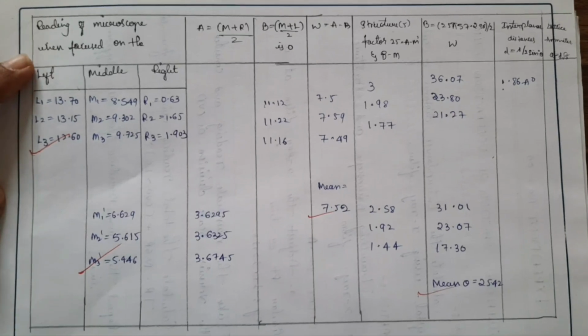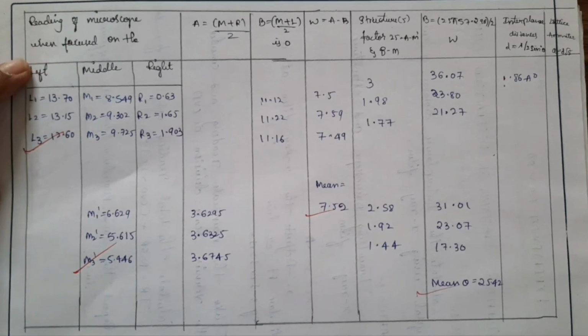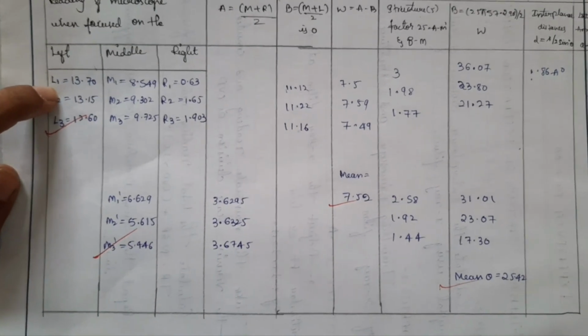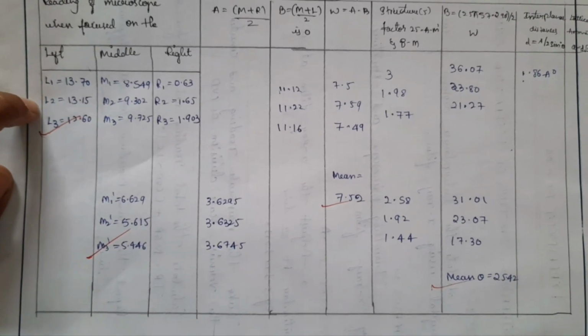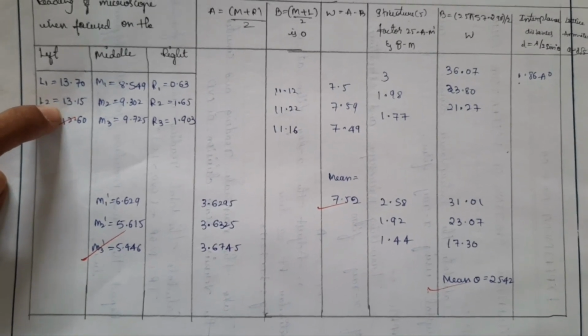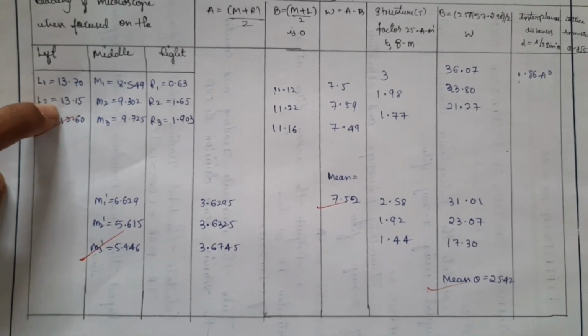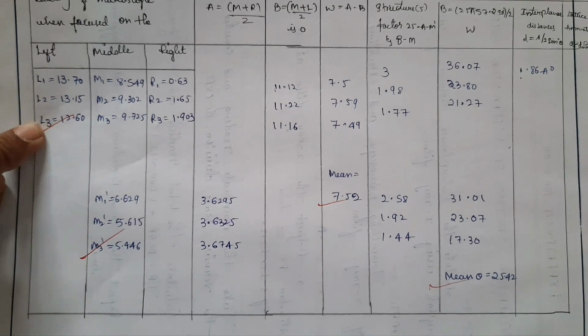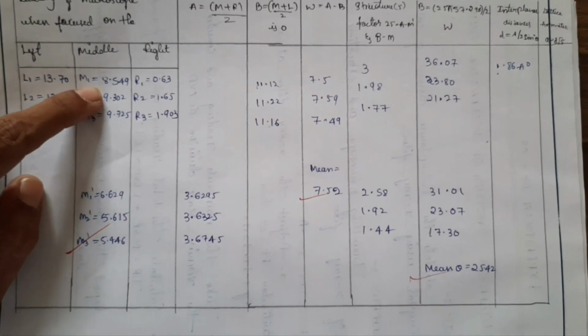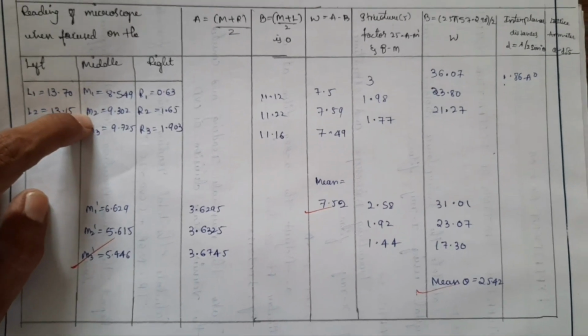So here is the tabular column, reading of the microscope when focused on the left, middle and right. First reading, L1, is equal to 31.7. Next L2; these are near values because the lines are close to each other. Then L3. Like that, go for the middle lines; they got around 8.5 centimeter.